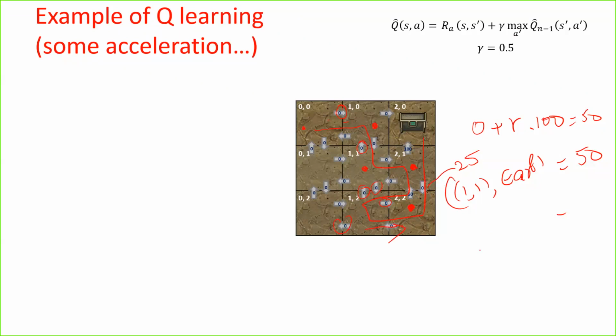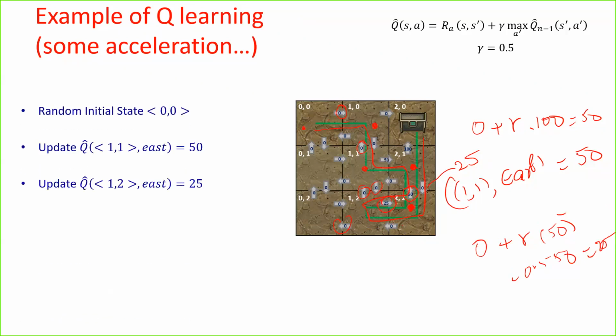So what is the immediate reward? Immediate reward is 0 plus gamma times the maximum value, 50, right? So this is 0.5 times 50. So this is 25. So this entry we have to update it to 25. Right?